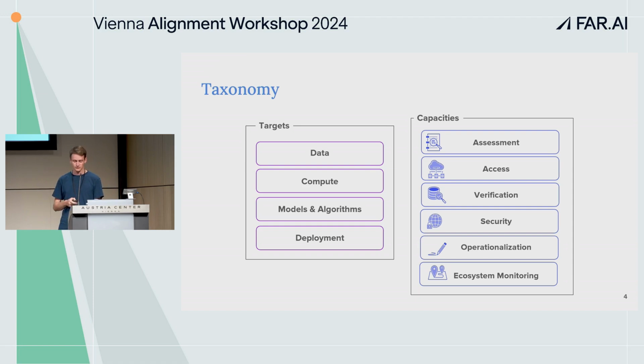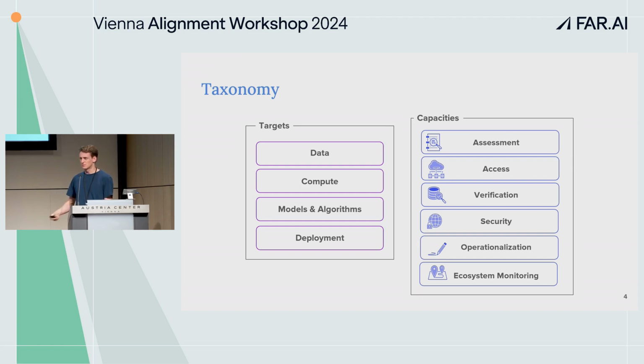Capacities refer to activities that can enable stakeholders to understand and shape the development, deployment, and use of AI systems. The first 4 of the capacities can be applied to each of the 4 targets. The last 2, operationalization and ecosystem monitoring, are more general, cross-cutting capacities.